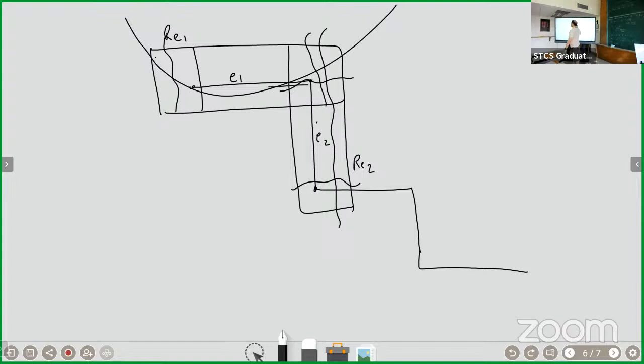So this horizontal path crosses this vertical path.